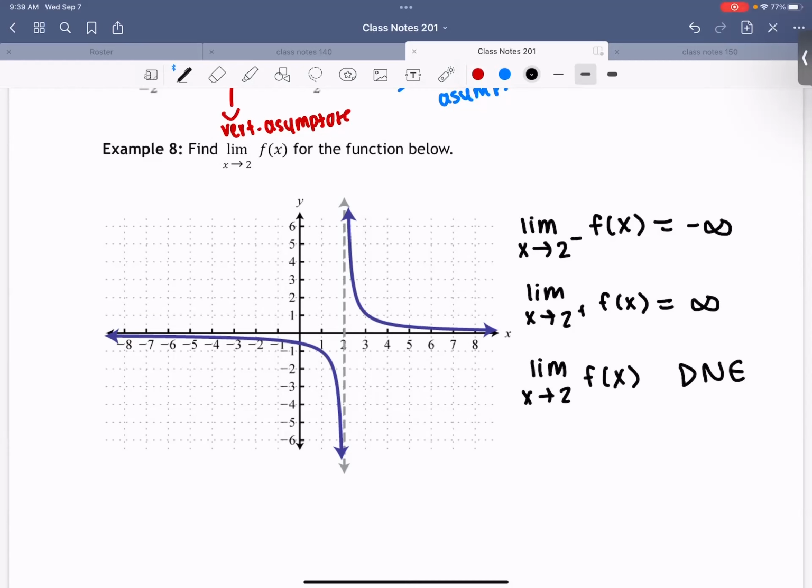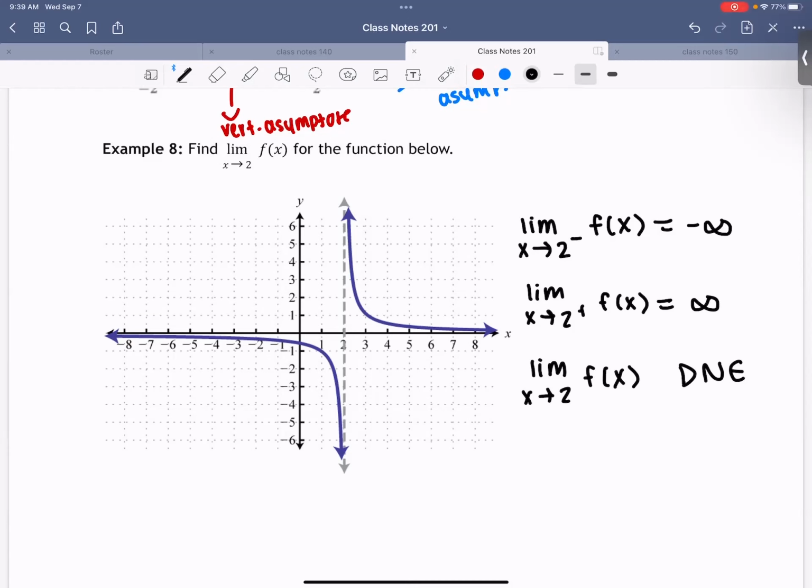Well, what do you think the function's getting closer to as we hone in on 0 from the left? It's getting closer to 0, right? Okay, what about from the right? 0, right? So this limit actually does exist, okay? The two-sided limit is 0 because the left and right-hand sides are equal.